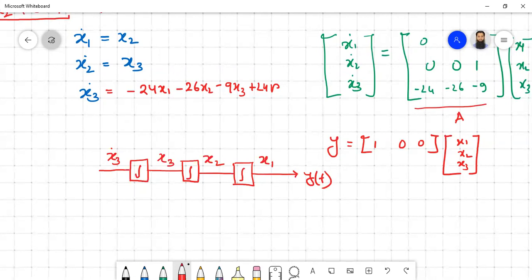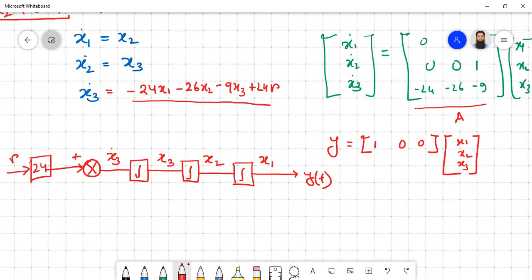Now what about your x3 dot? x3 dot is nothing but this equation. So you have a summing junction, and then you will have something like this. So 24, the gain box should be there, multiplied with r. So this is your r, and it is plus, so you give the plus sign.